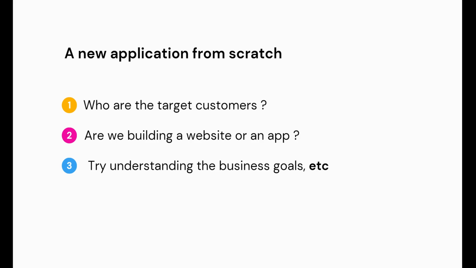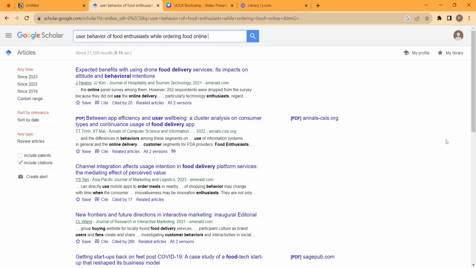Now that we know the target audience and other specifics, we try to do some real research to understand our users better. So here is Google Scholar. Google Scholar is a search engine that allows you to search for research articles in journals. Now you might be asking, why do we need to read research articles in journals? This is because to speed up the decision making process, you need to get some valid information about the user behavior. You need to back up your reasoning with some relevant data.